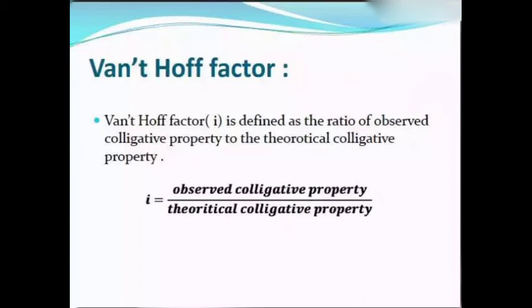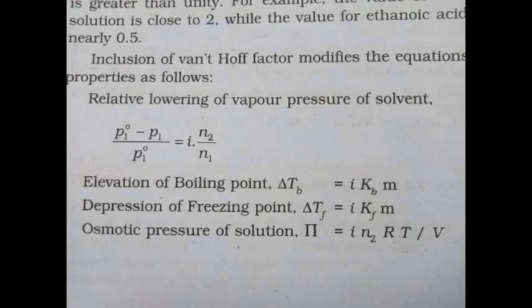If you are adding 1 mole of KCl into a solution, we are expecting 1 mole of solute in the calculations, but actually KCl will dissolve and give K plus and Cl minus. So it gives 2 moles of solute. Here Van 't Hoff factor plays a greater role. So after knowing Van 't Hoff factor, every formula has a multiple of i in it, as you can see. This is the final formula for everything.